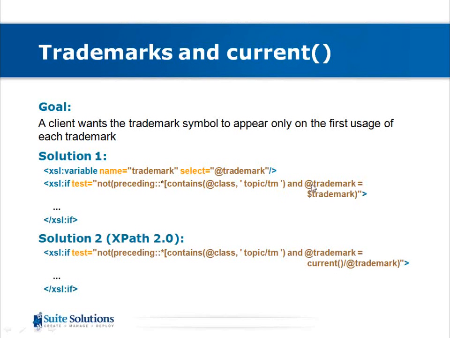So obviously we couldn't say @trademark equals @trademark. They would both be the same thing. So we need to say that the trademark attribute of this element that we're looking at here, namely the preceding one, is equal to the trademark attribute of our current element, which we have stored here temporarily as a variable.